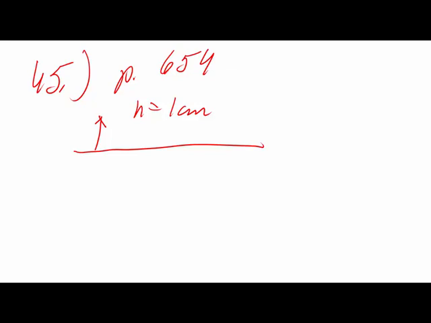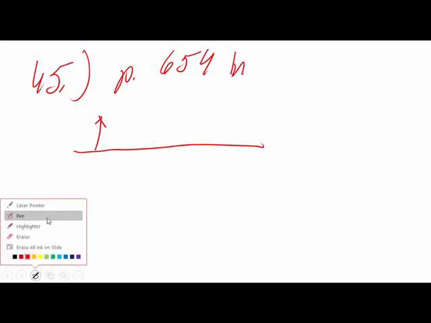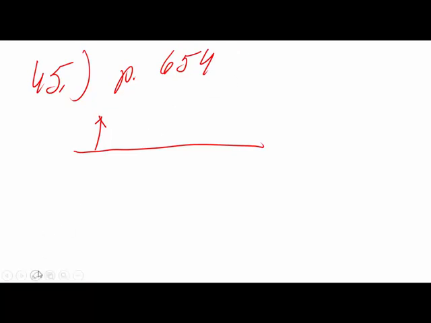So you've got a converging lens. The height of the object is 1 centimeter. Remember, y'all, you don't have to put it in meters, because we're dealing with fractions here, and so the relationship is going to be the same regardless.